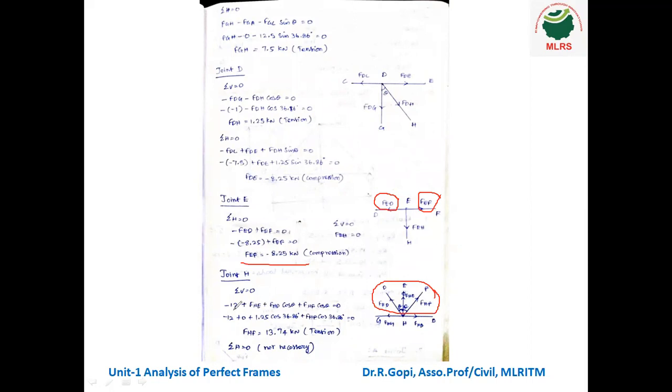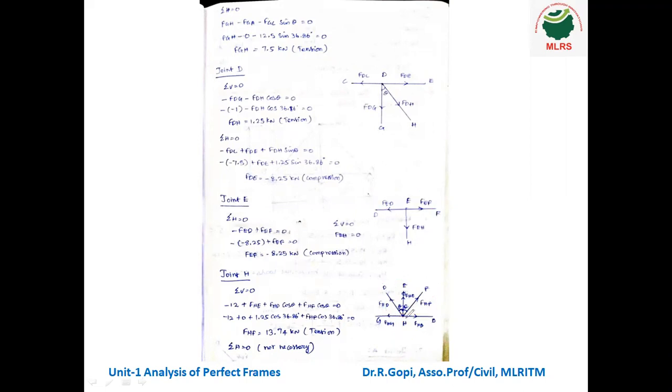Minus 12. What is this minus 12? Actually, here I forgot to mention the load. Actually, 12 kilonewton load is acting here. So please note down 12 kilonewton. So this is acting at the joint H. So it is acting downward. So put minus.